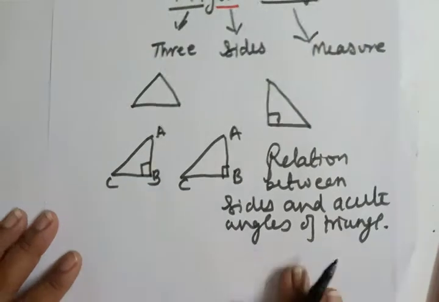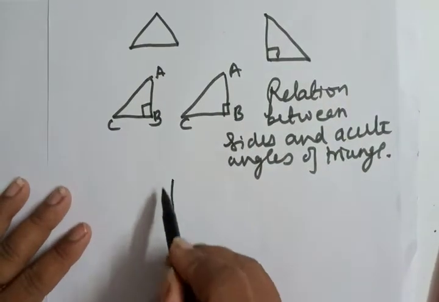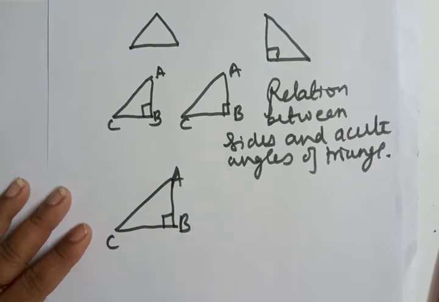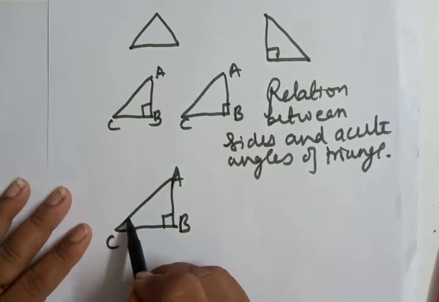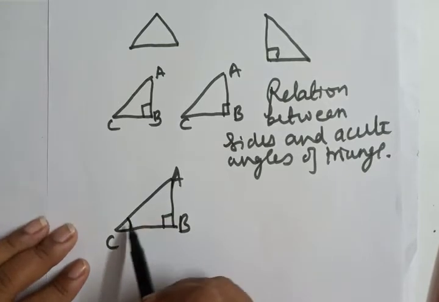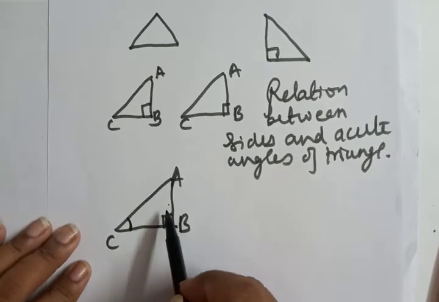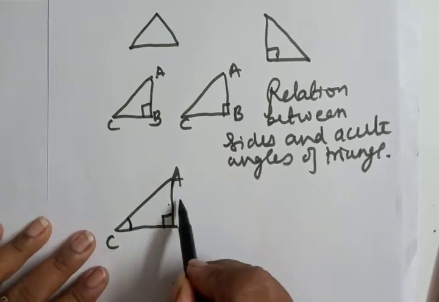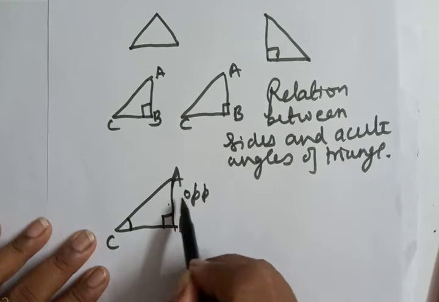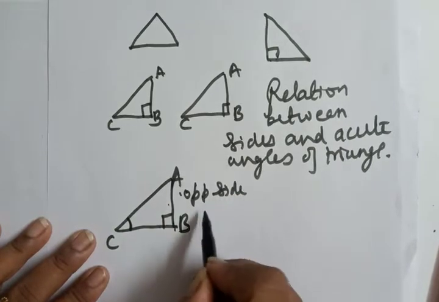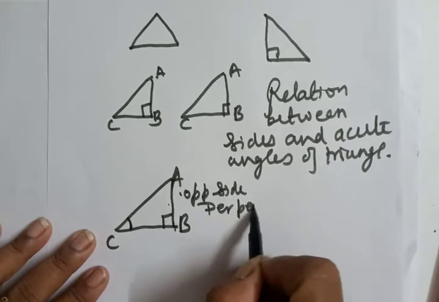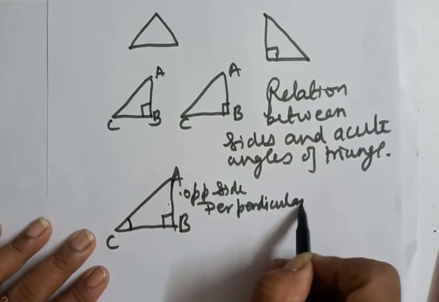Yes, now if we see, we have 2 acute angles. Let me draw one more triangle, A, B and C. If we see this angle, angle C, it is acute. The opposite side of the acute angle C is this AB. AB is the opposite side, so we will take this as the perpendicular.